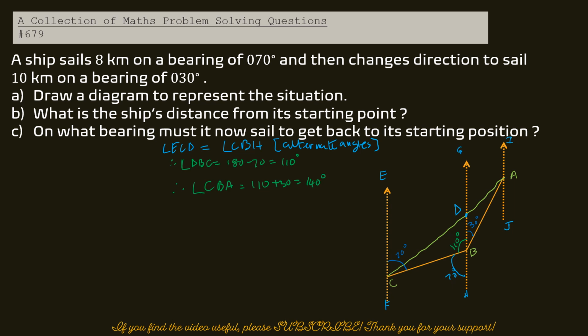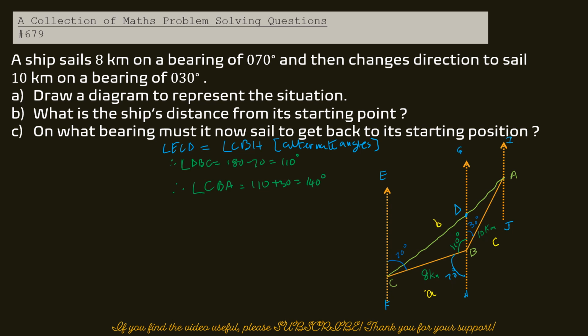So I can now use the cosine formula to work out what AC is, because I know that CB is 8 kilometers, and BA is 10 kilometers. If I call the side opposite A as a, AB as c, and AC as b, then I have to work out what b is.